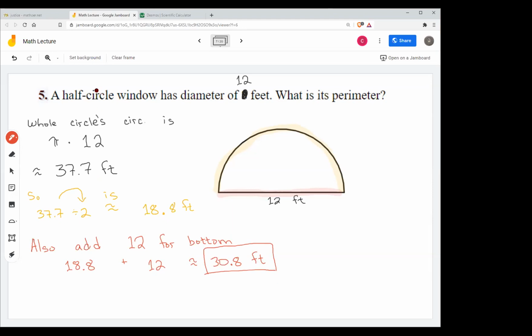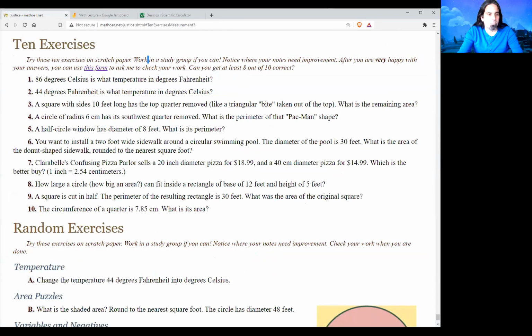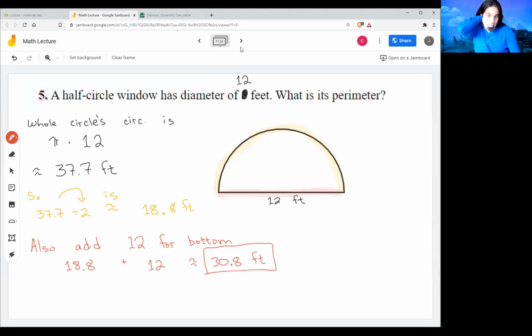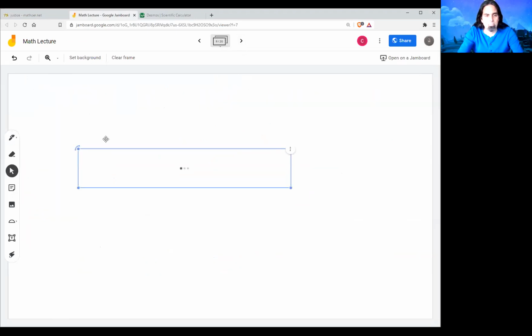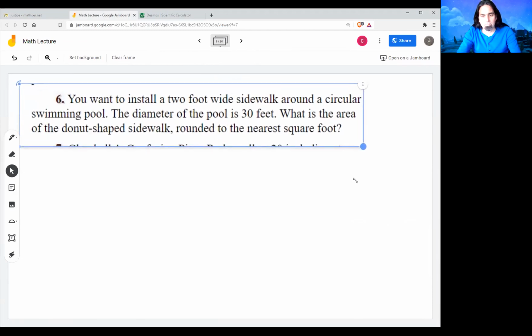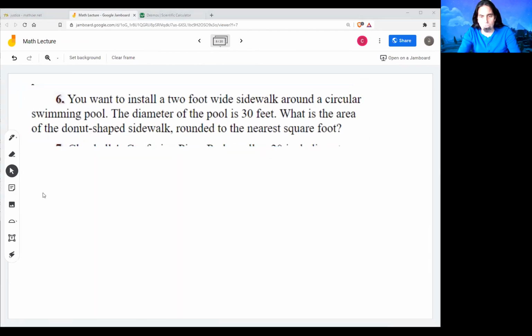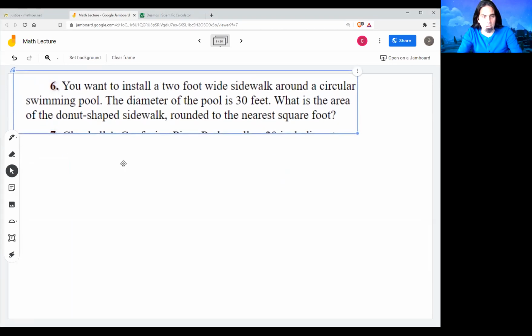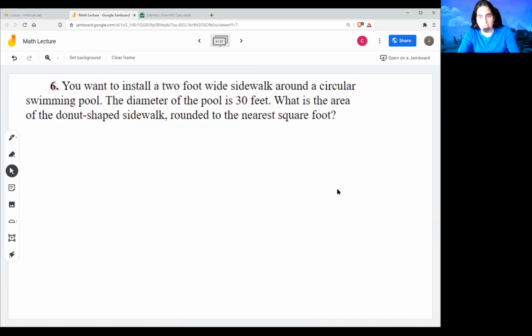Could we also look at 6 and 7, please? Sure. I'm going to make the diameter instead of 30, let's just make it 40, so I'm not doing your homework.